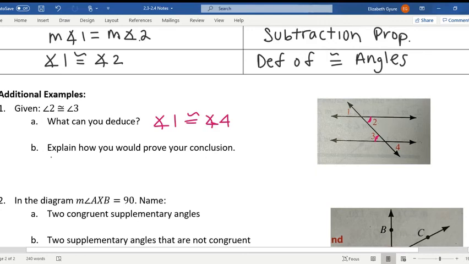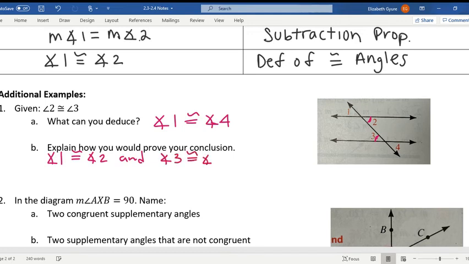So we're going to say that angle 1 is congruent to angle 2, and angle 3 is congruent to angle 4 because, and with this part, you can either say because of the vertical angle theorem or because vertical angles are congruent. Again, whichever you prefer. So because vertical angles are congruent.